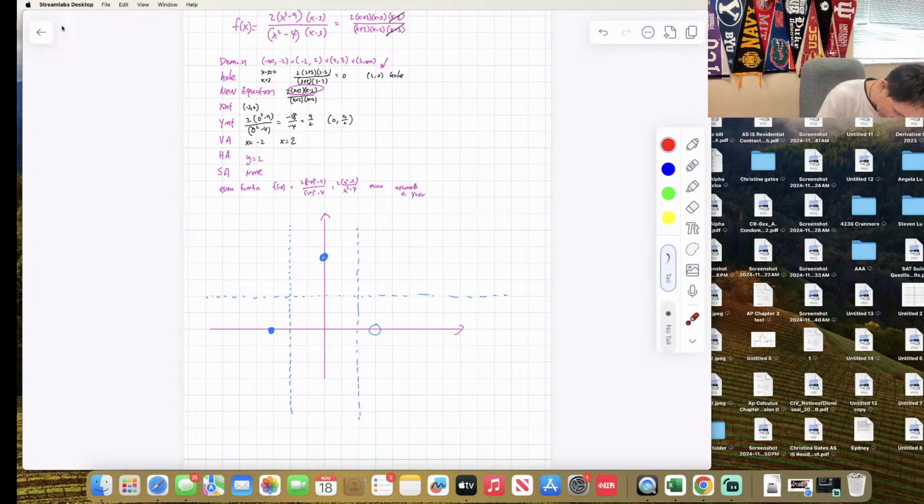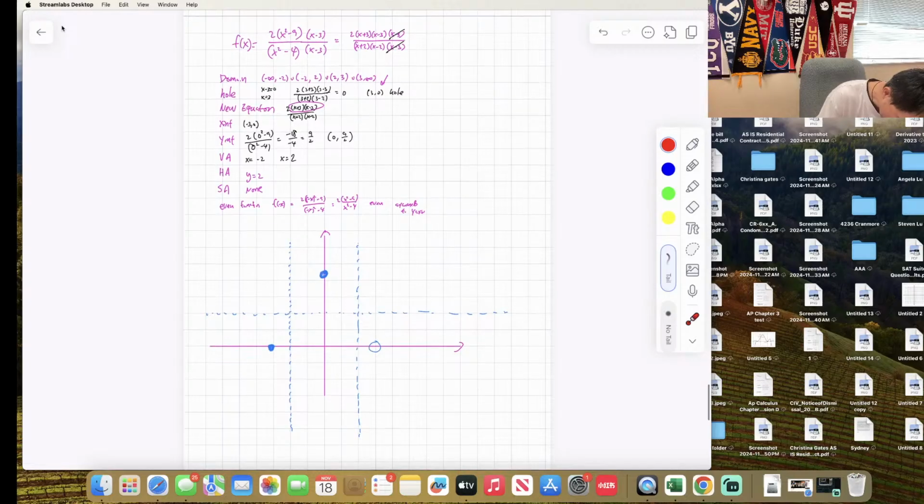Plug in negative 2.1 into the final result, 2 times (x plus 3)(x minus 3) over (x plus 2)(x minus 2).